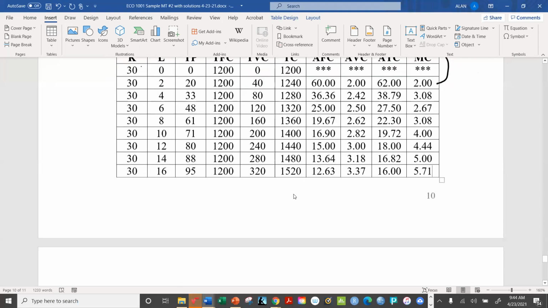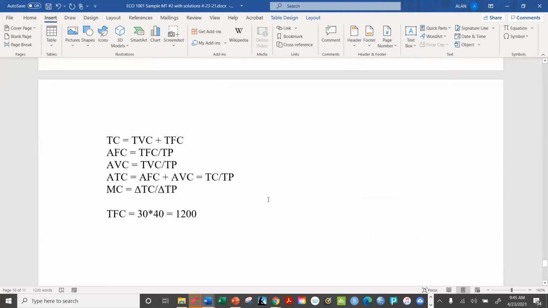these with your calculator. These are the formulas down here. That with that one extra piece of information that the total fixed cost is the cost of labor. Sorry, capital, since capital is the fixed input.